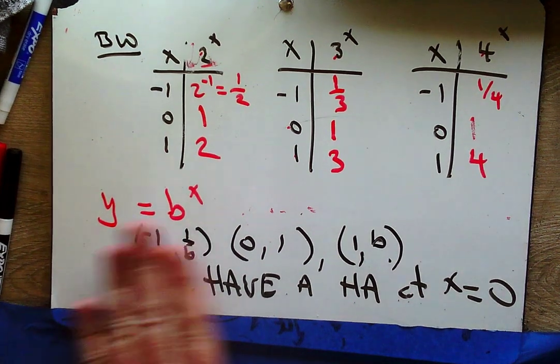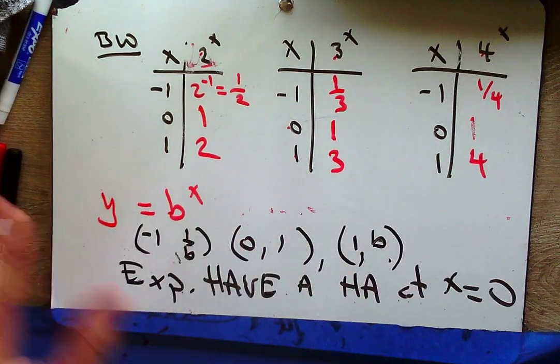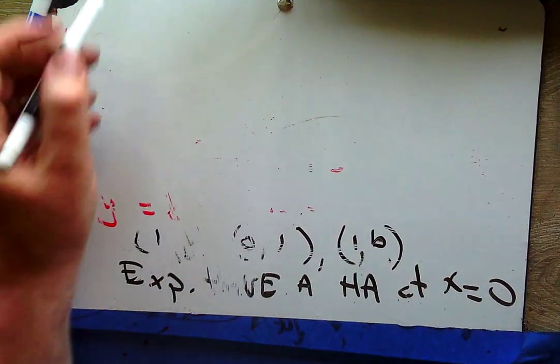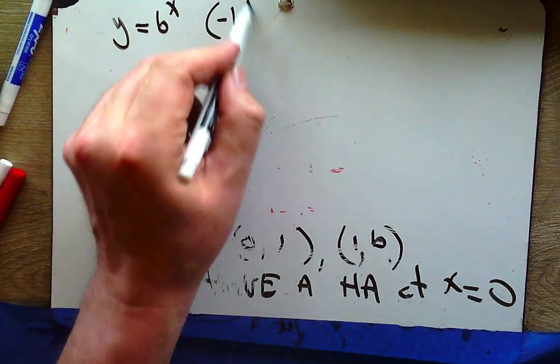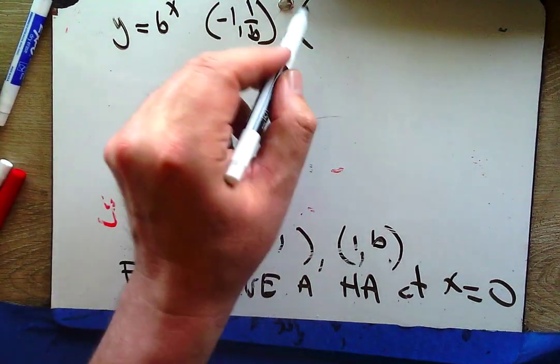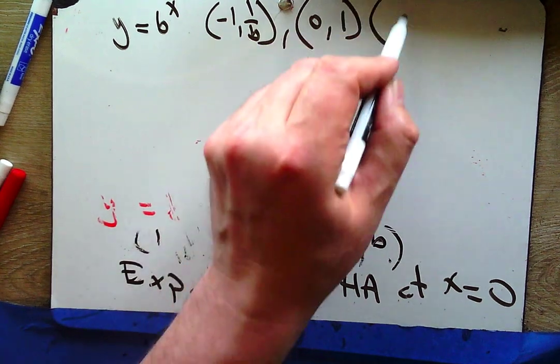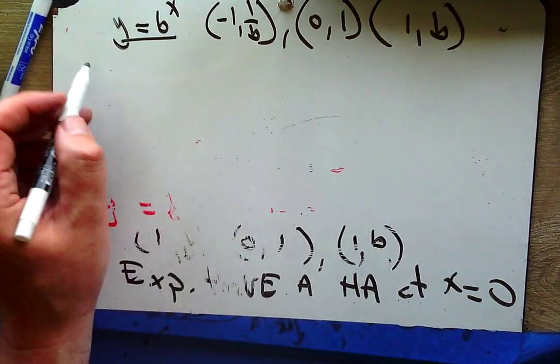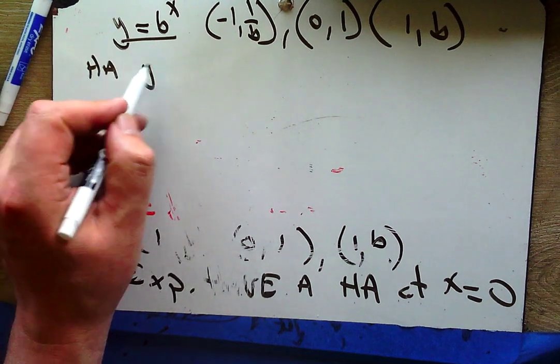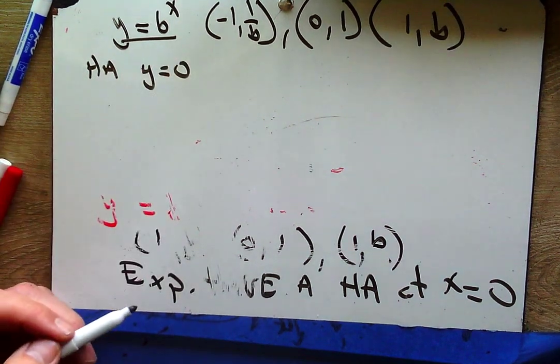But that's my general exponential. Y equals b to the x passes through negative 1, 1/b, 0, 1, and 1, b. We also know that this has a horizontal asymptote at y equals 0.